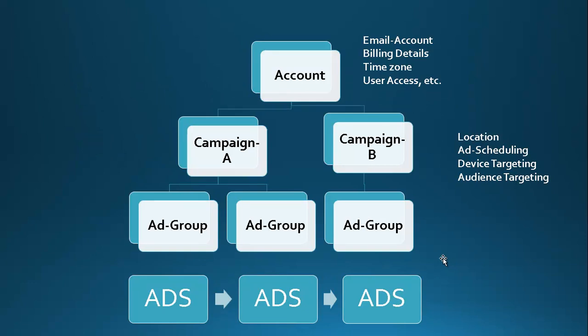If you see the screen, you have an account, campaign, ad group and ads. For example, if you have a Gmail email address, that means you already have a Google Ads account. You don't have to sign up with a different email address.